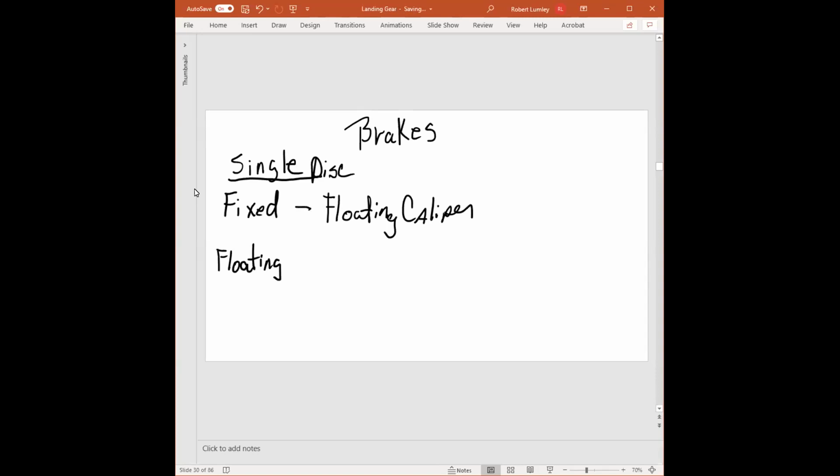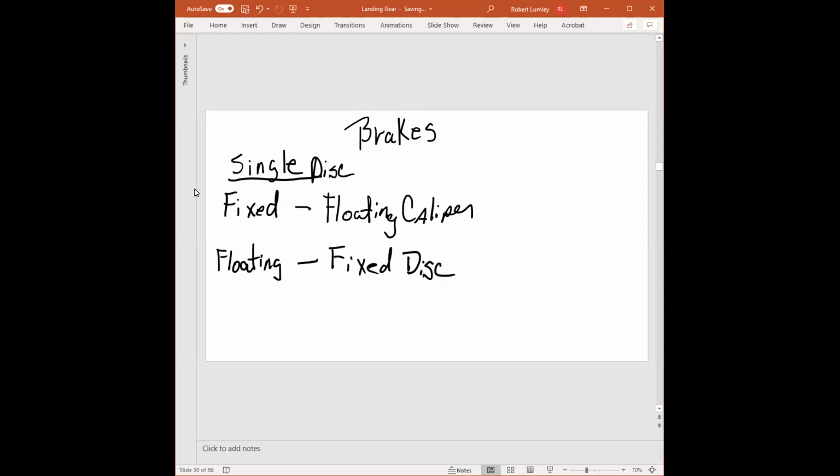And with a fixed disc, the disc can't move in and out, so the caliper has to move so that both sides of the disc are going to be grabbed by the pistons, okay? Whereas a floating disc, since it moves, it can use a fixed disc.